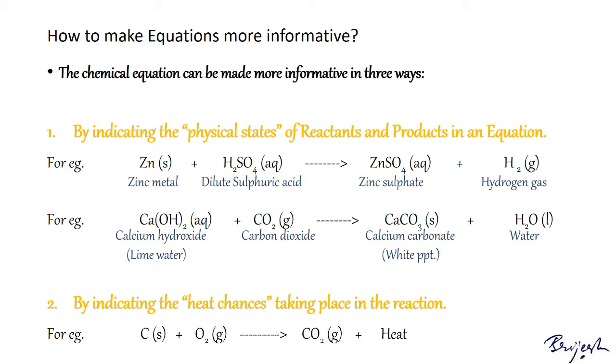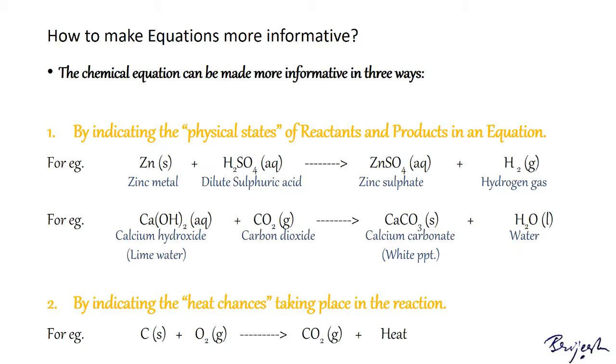Zinc metal reacts with dilute sulfuric acid to form zinc sulfate solution and hydrogen gas is released. This can be written as Zn plus H2SO4 gives ZnSO4 plus hydrogen. Here zinc metal is solid, so we write Zn in bracket S. Dilute sulfuric acid is an aqueous solution, that is concentrated sulfuric acid mixed with water to make it dilute.